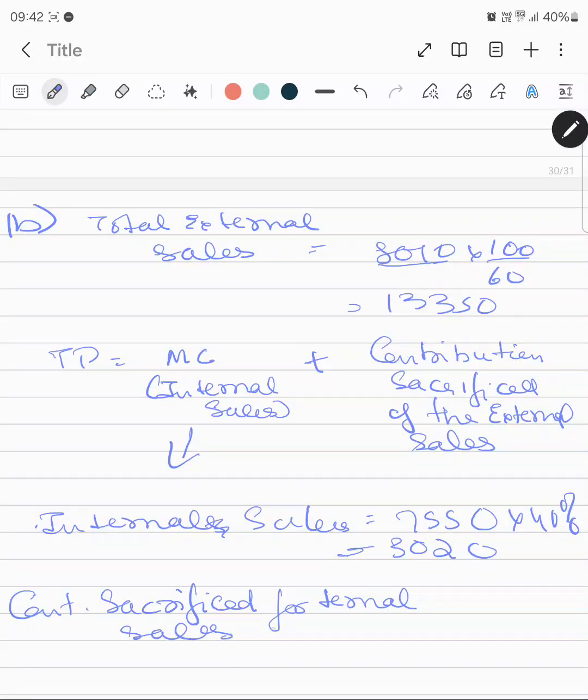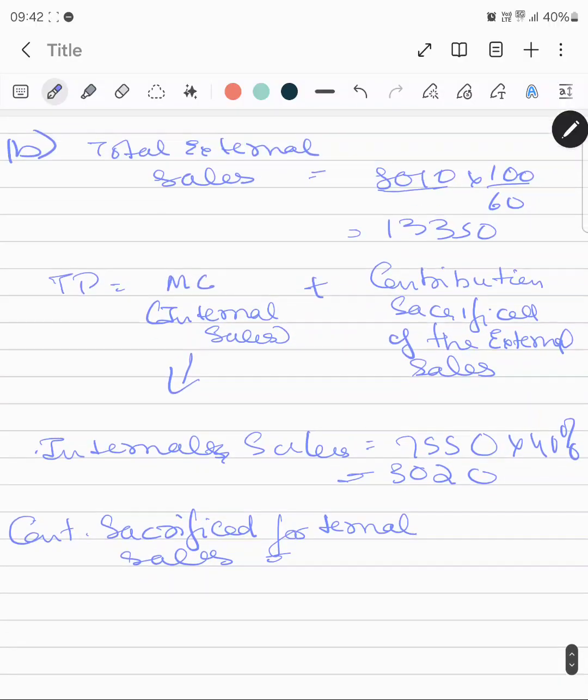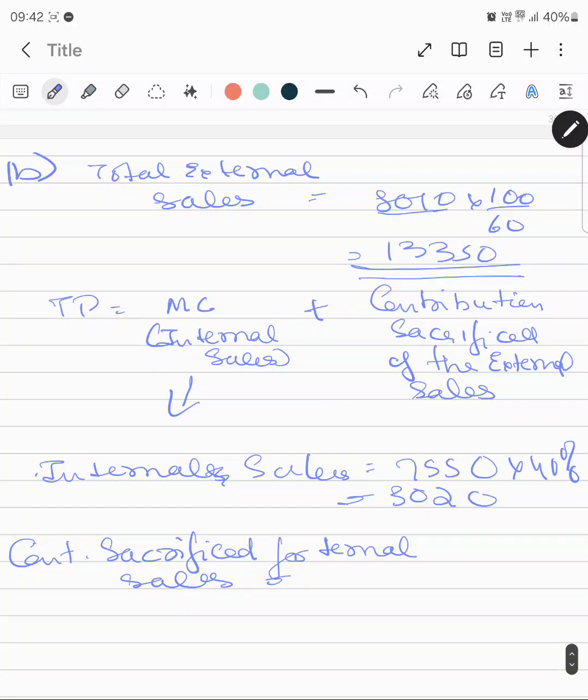Currently I can see that the total external sales which C division could have made is 13350, and if I reduce 8010, which is the current external sales, we are left with whatever amount will be left, into 60%, because this is 40% variable cost, so the contribution would be 60%.